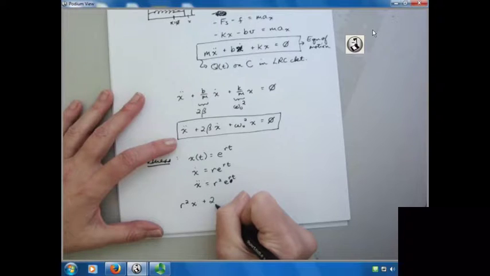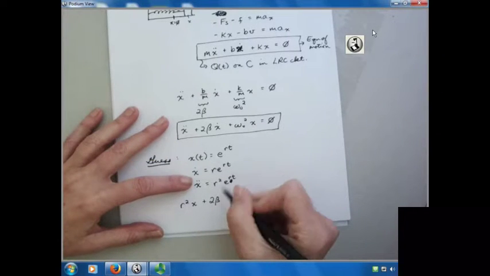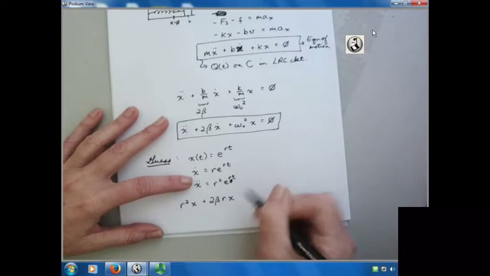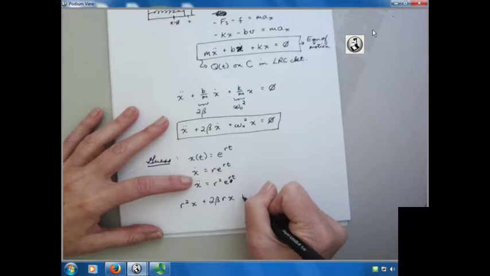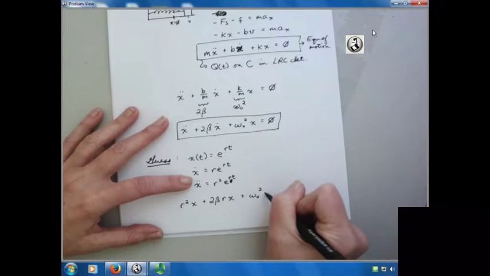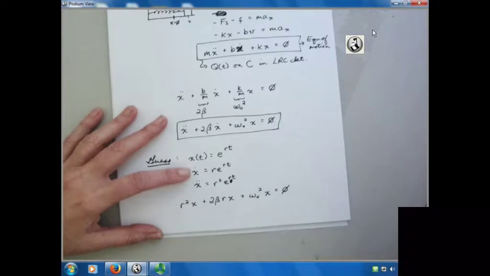Plus 2 beta times x dot, which is r times x. Plus omega naught squared times x equals 0.